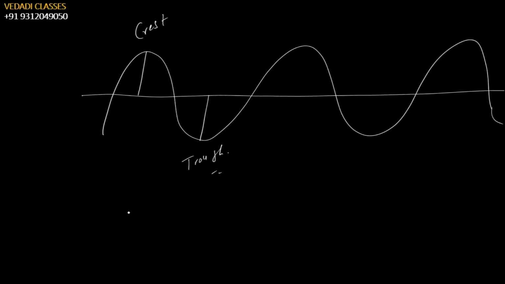Now there are different terms we have to use over here. The first is wavelength. So what is the wavelength? It is indicated by lambda.